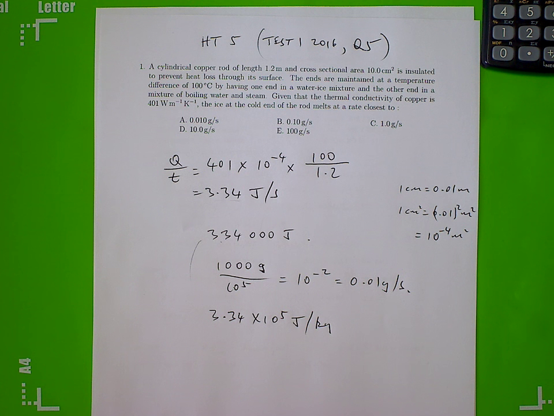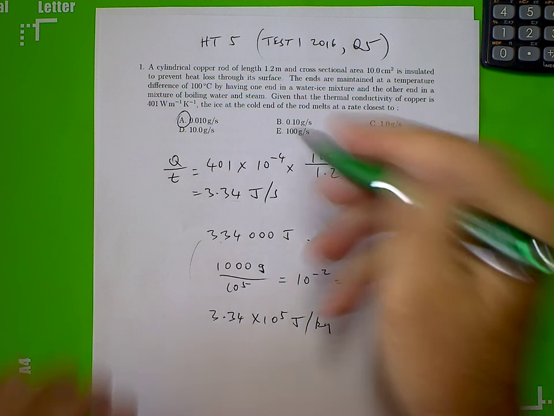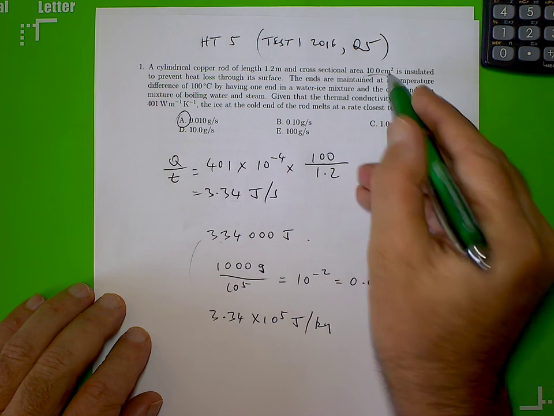And the worst thing is, having got it wrong, it matches perfectly well one of the answers. So I'd go A. Oh, I don't know why. I know why. Its area is 10 centimeters squared.